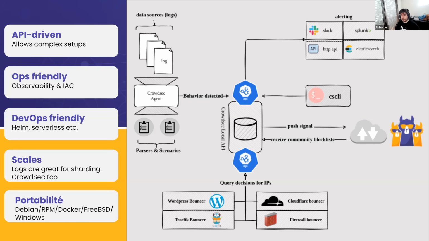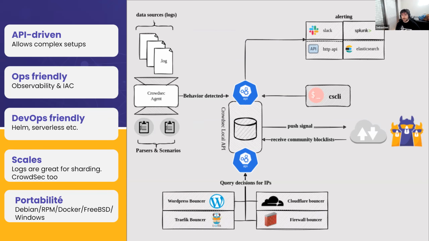The local API as well will send the information to our central API to tell us that you got attacked and that you took a decision. And it will also pull the community block list, so the list of IPs that are known to attack the community. And the local API will also manage alerting because it's good to block attacks, but it's even better to know about them.